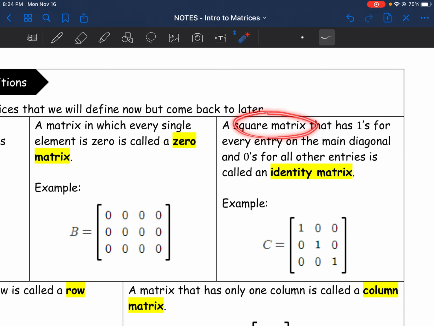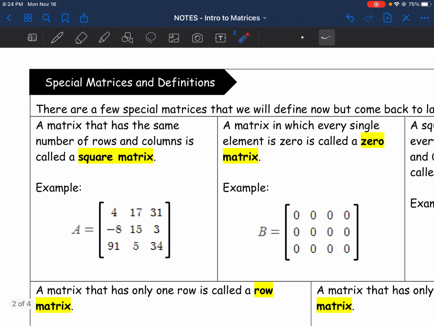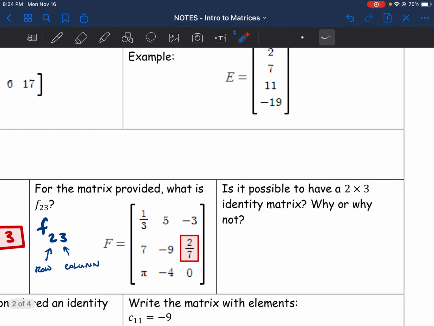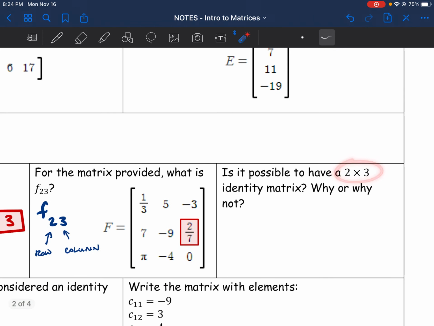Notice it says a square matrix, and we define square matrix as a matrix that has the same number of rows and columns. Well, if you have a 2 by 3 matrix, the number of rows, 2, is different from the number of columns, so this cannot be a square matrix. And if it's not a square matrix, it can't possibly be an identity matrix.